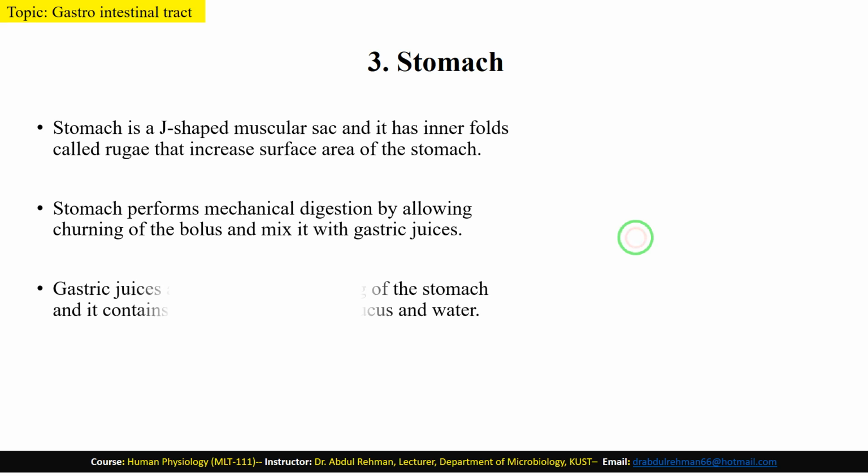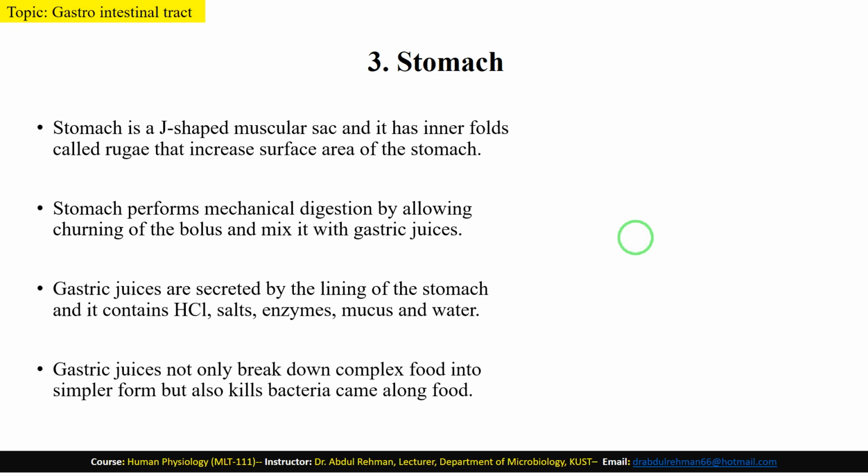Gastric juice is a mixture of different compounds like HCl, salts, enzymes, water, and mucus that convert this bolus into a product called chyme, and also break down the complex components present within food into simple forms.